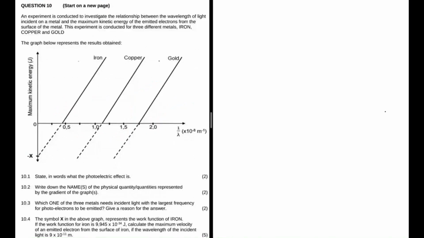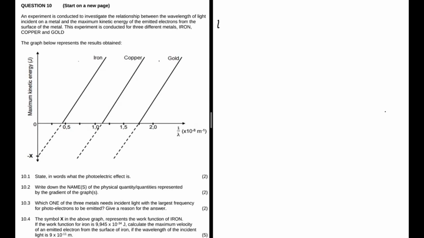An experiment is conducted to investigate the relationship between the wavelength of light incident on a metal and the maximum kinetic energy of the emitted electrons from the surface of the metal. This experiment is conducted for 3 different metals, namely iron, copper, and gold.